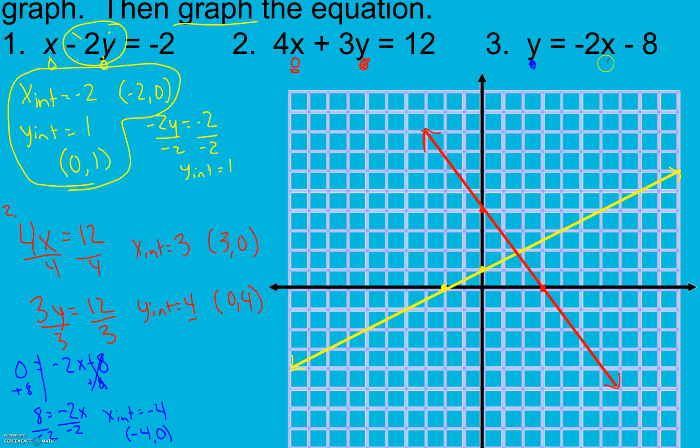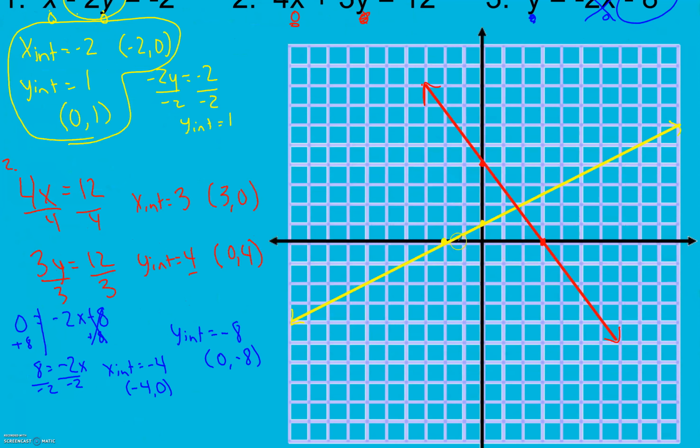To find my y-intercept, I plug a 0 in for x, which makes this entire part go away. So my y-intercept is, don't forget your sign in front, negative 8. We said x is 0 when y is negative 8. So here, my x-intercept is negative 4 and my y-intercept is negative 8.